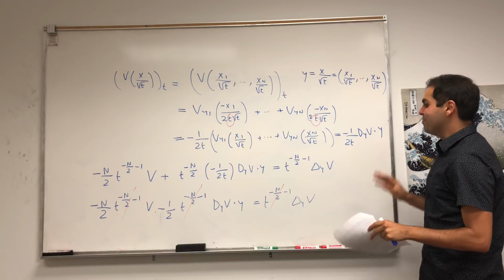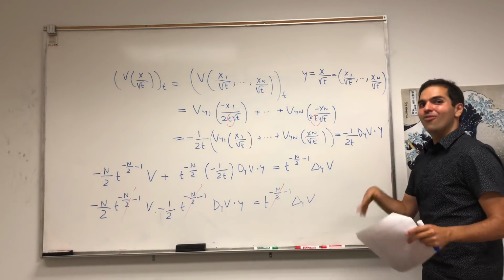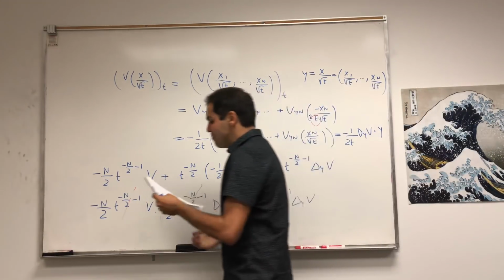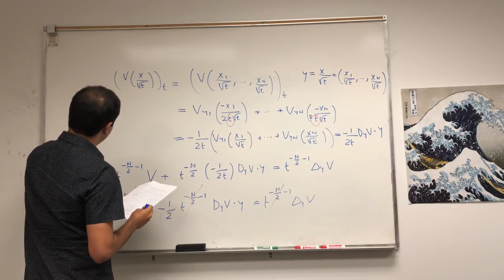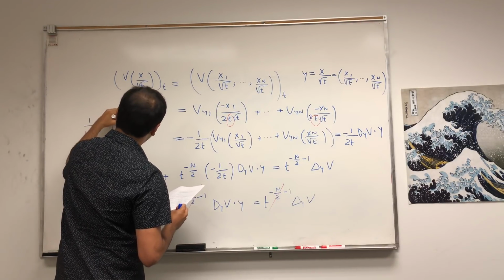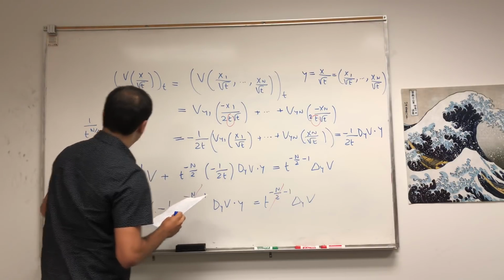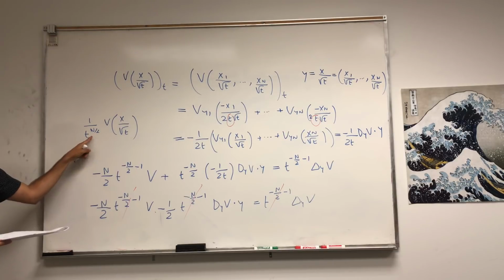All right, and you might say, wow, this was magical, but why did that work? It's basically because we guessed, again, remember, for a guess of u was 1 over t to the n over 2, v of x over square root of t. Surprisingly, this cancellation has nothing to do with this factor.